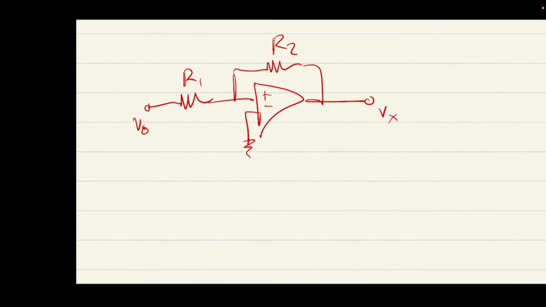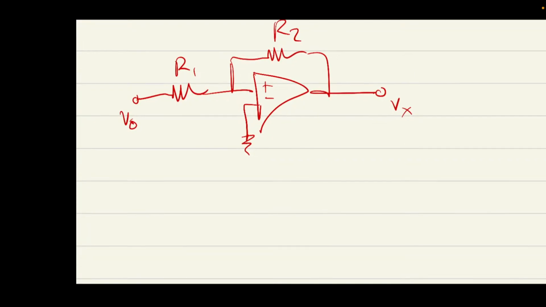We're asked to plot the characteristics of this Schmidt trigger. What I said before was that if the difference between the positive and negative terminal is greater than 0, what happens to Vx? It goes to positive VCC. In this question, it's called VL, so we'll call it VL.